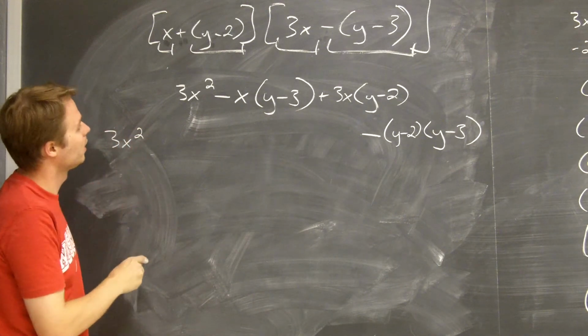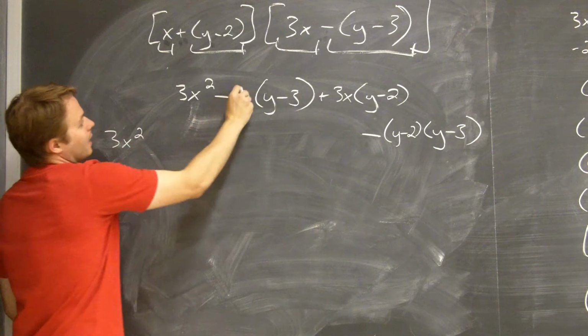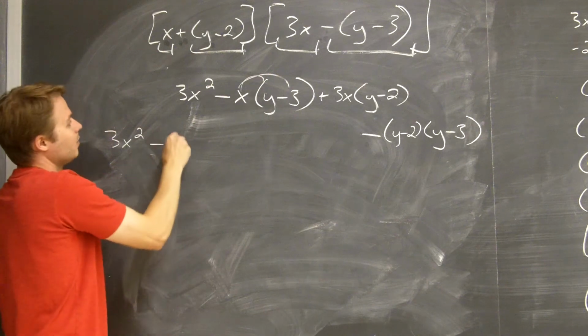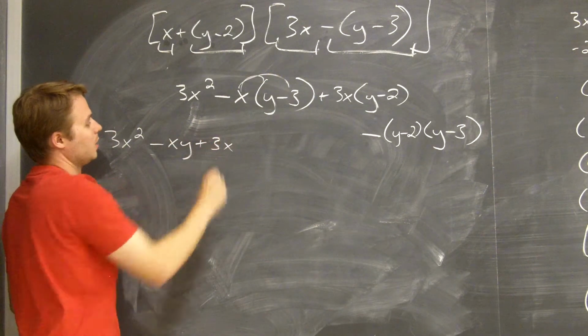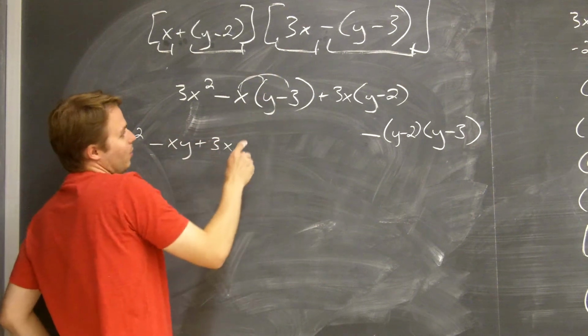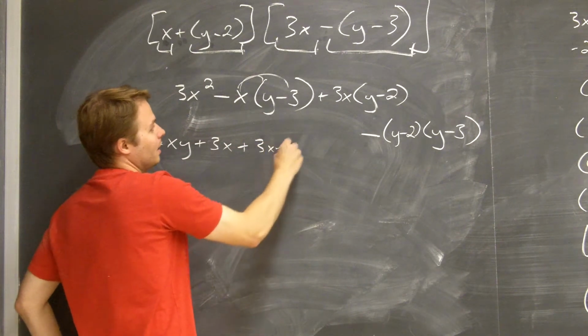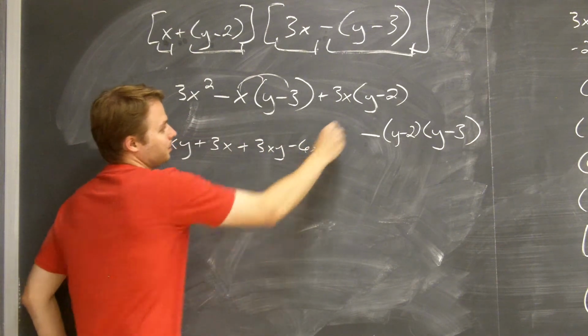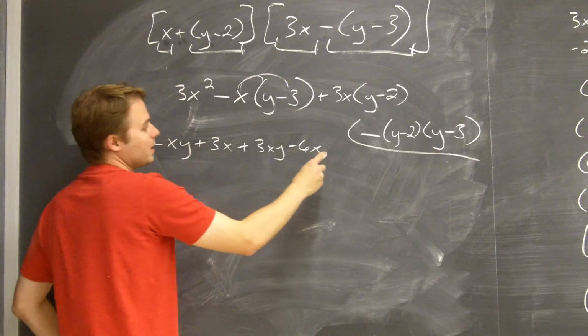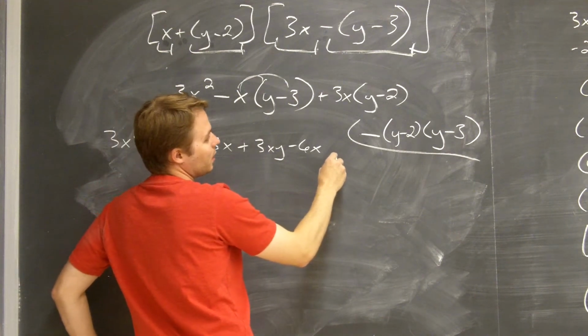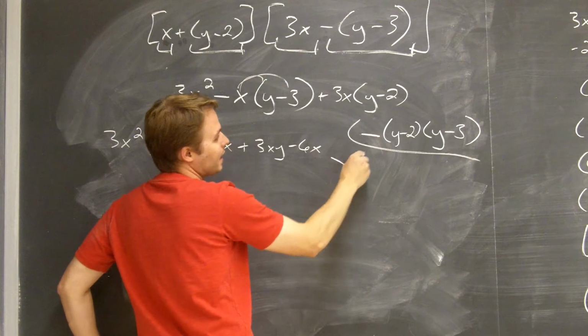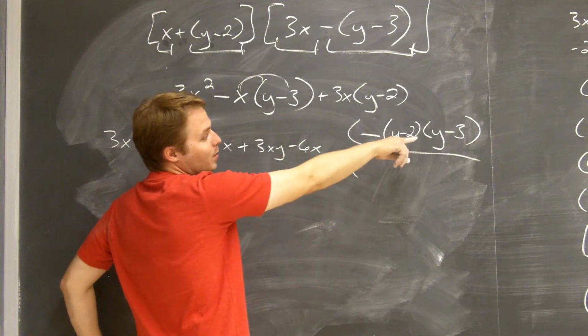This will be 3x squared, and then if I distribute that negative x, I'll get negative xy plus 3x. If I distribute that 3x, I'll get plus 3xy minus 6x. And then I just need to think of this as going to be minus y minus 2 times y minus 3.